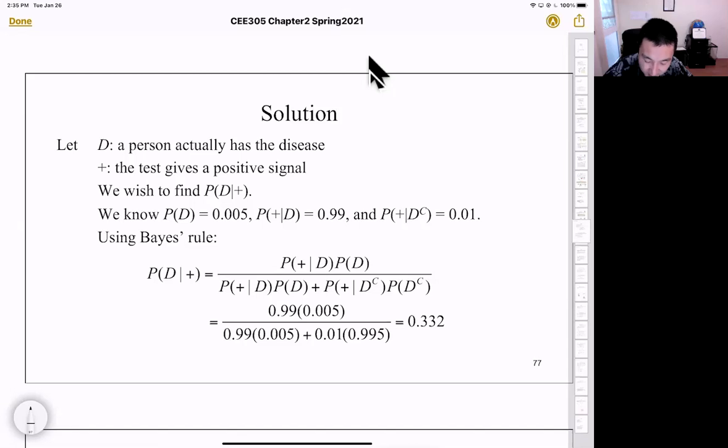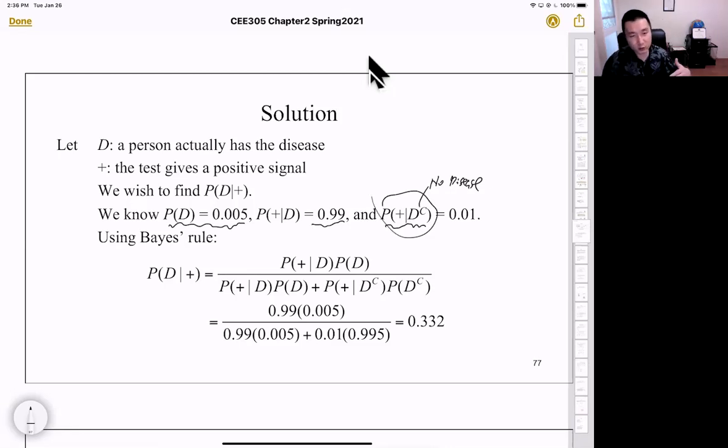If the person has the disease, the test is positive with probability 99%. D^c means the complement of D, does not have the disease, no disease. So that's the condition. This part means the probability the test gave a positive given the person has no disease, 1%. The question told us.